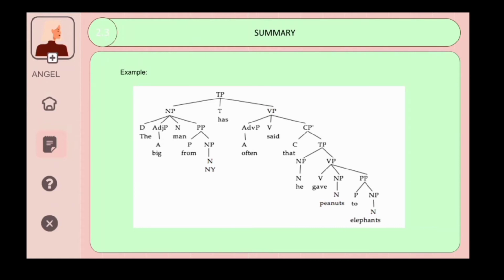The sentence is, "The big man from NY, or New York, has often said that he gave peanuts to elephants." So the tense phrase is noun phrase.